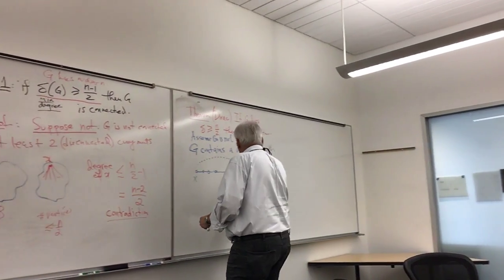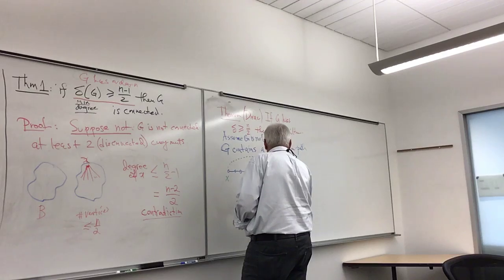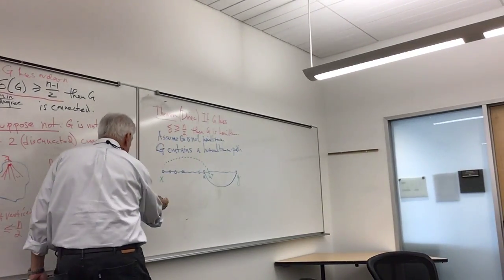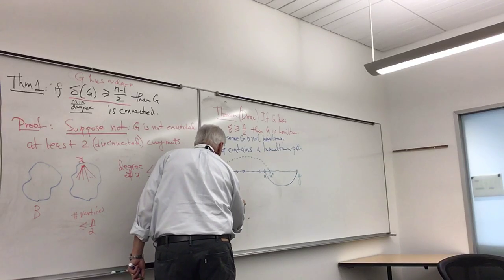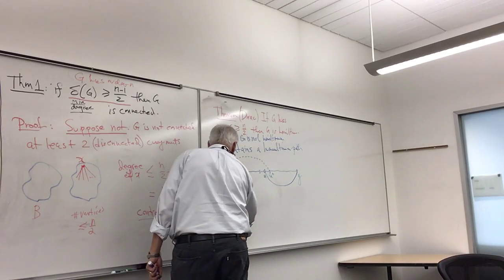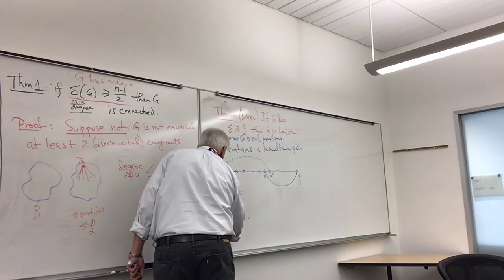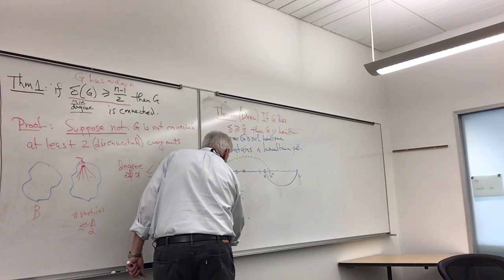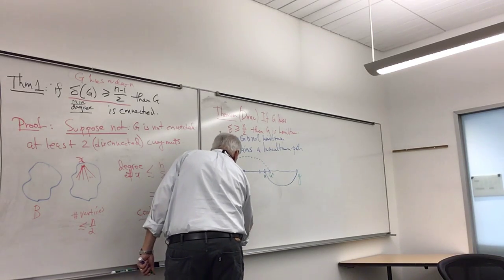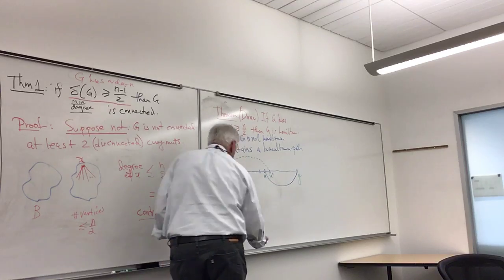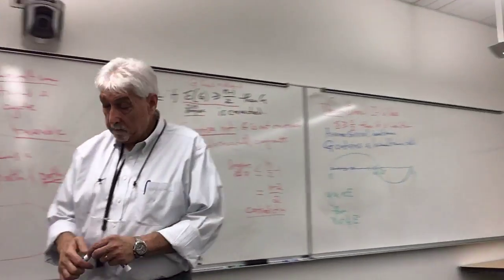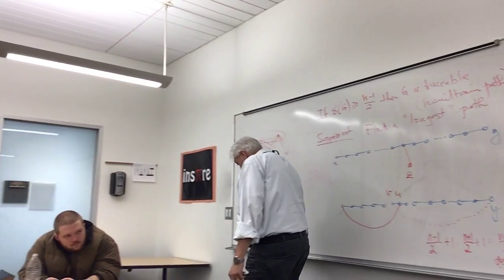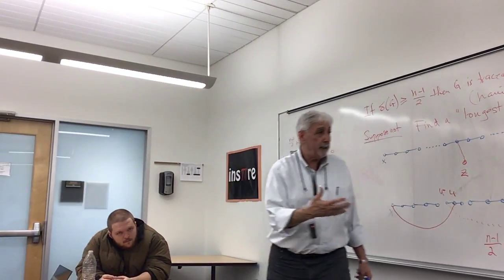So if this is u, and let's call this u plus, if y is adjacent to u, if yu is an edge, then, let's see, then x u plus is not an edge. Okay, so how many non-edges are there?